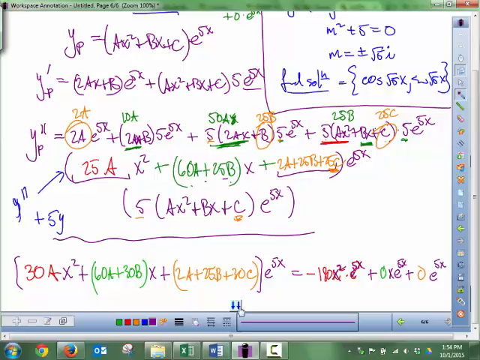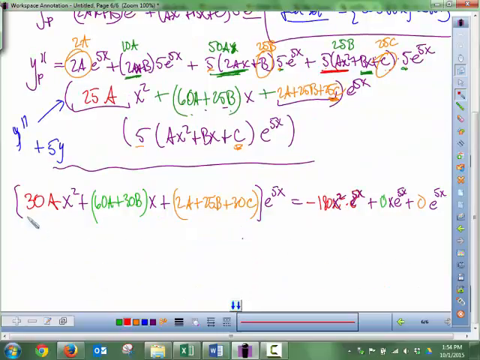So your system is going to look like 30a is equal to negative 180.